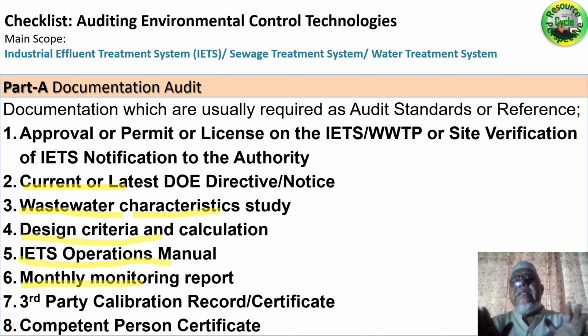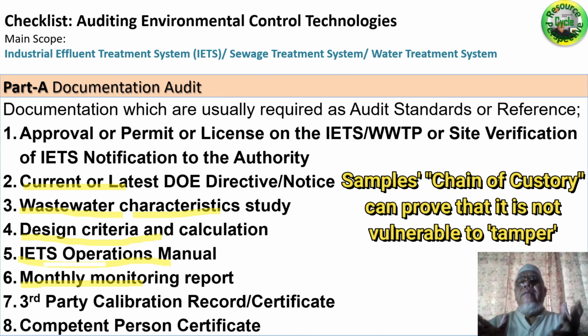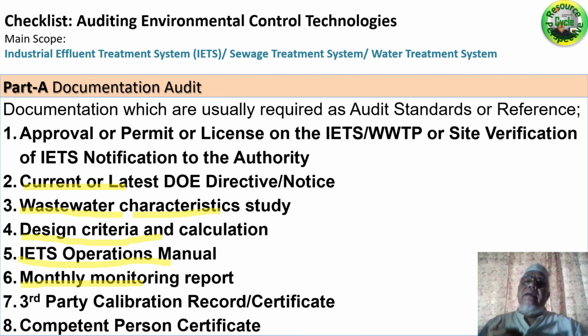Matters or areas like sampling personnel competency, sampling apparatus, sampling technique, samples chain of custody. Do you know that? From sampling point right up to the lab. Sample storage period before reaching the lab. How long does it take?